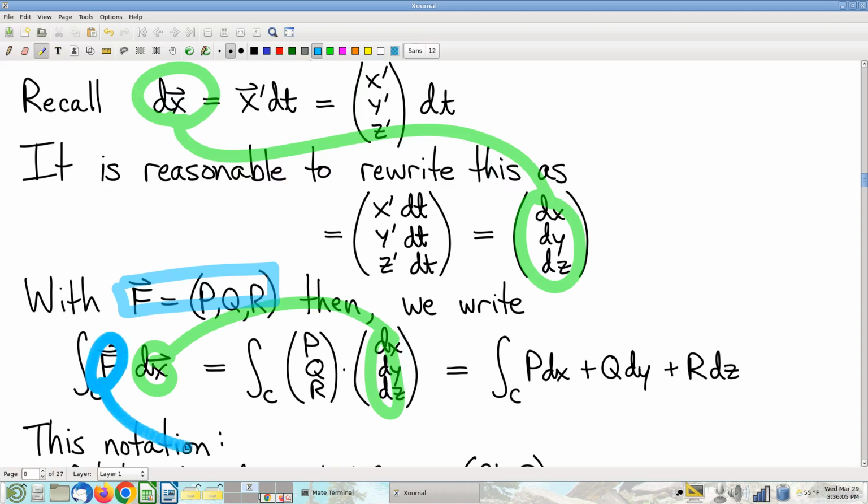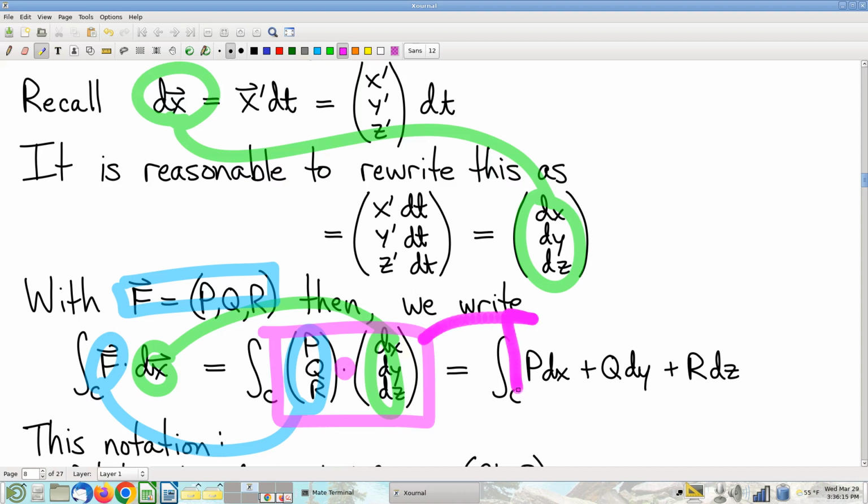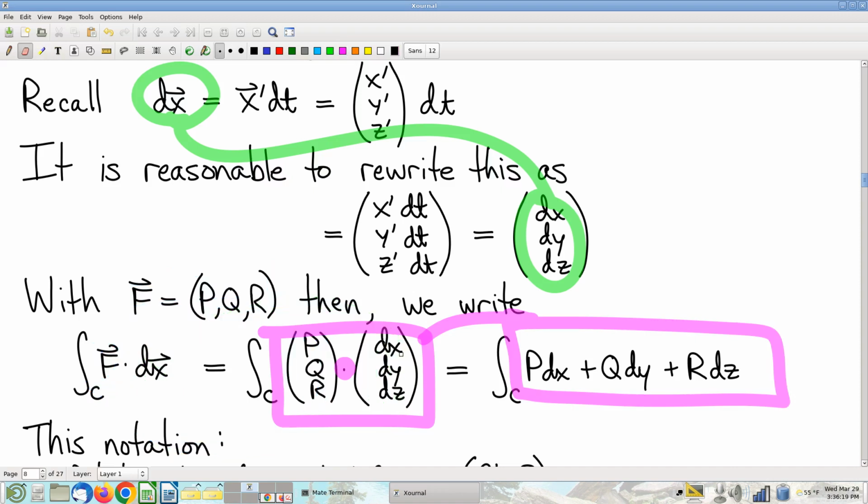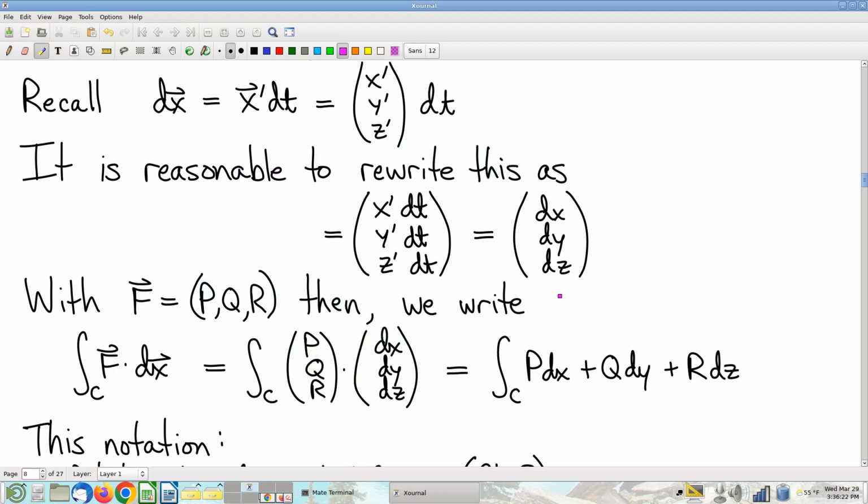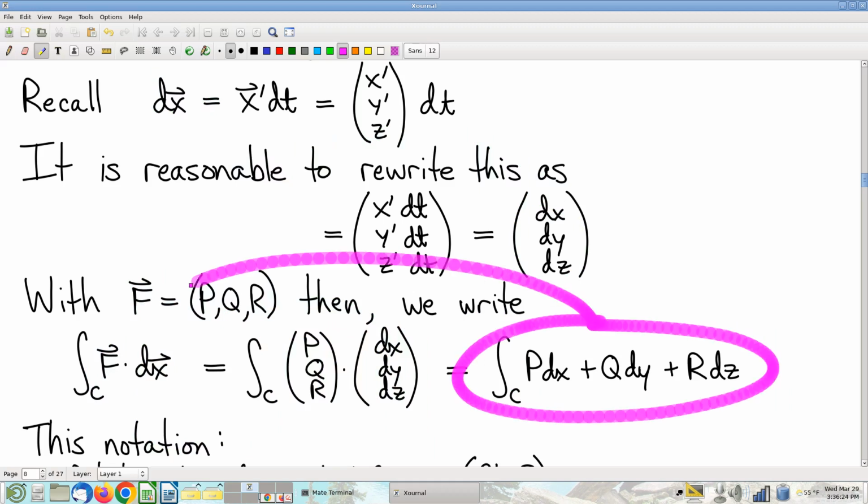And if I plug that in, now I have coordinates for the things that I'm taking a dot product of, and I can just crank out that dot product in the usual way, and what we find ourselves with is a new alternative notation to represent vector line integrals.